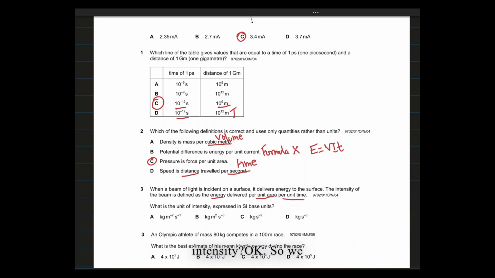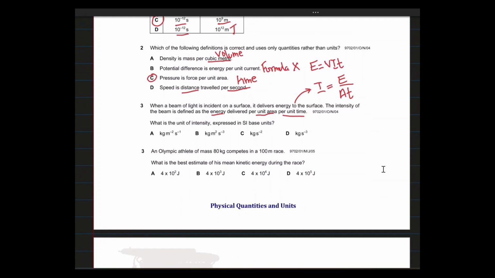What is the unit of intensity? We need to find out the intensity unit. It's energy per unit area and time. So we know that the energy SI base unit is kg m square s minus 2, and below we have m square for area and time.